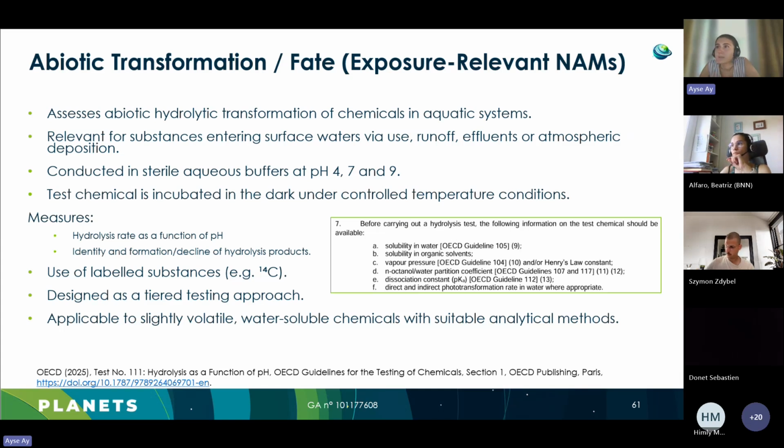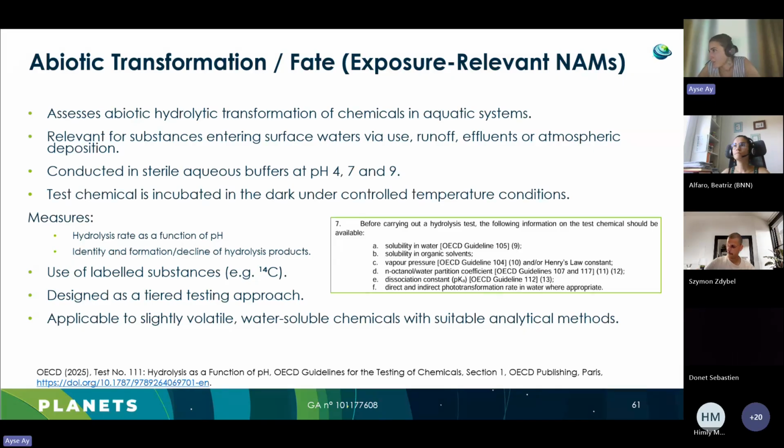We incubate the samples in the dark under controlled temperature because we don't want photodegradation to be considered as hydrolysis, so we separate them. We measure the hydrolysis rate as a function of pH, or identify the formation or decline of hydrolysis products. We can also use labeled substances, such as carbon-14, to track the pathway. This is also designed as a tiered testing approach.